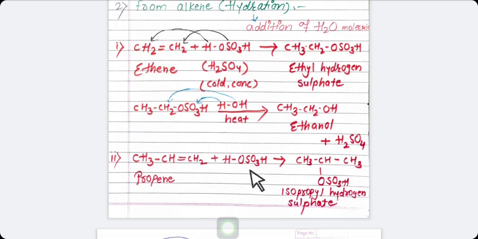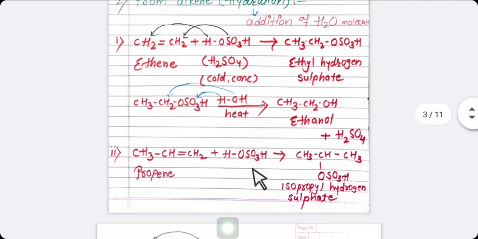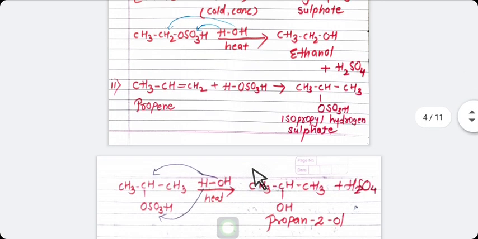The whole procedure is the same, but remember students, we are using Markovnikov rule, meaning the negative part of the reagent attaches with the carbon atom which carries less number of hydrogen atoms. So the OSO3H group is attached with the CH group and hydrogen is attached with the CH2 group.